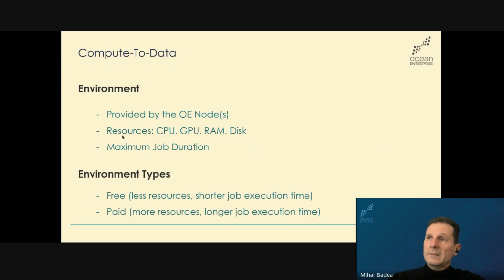Each environment presents the resources that can be used on that Ocean Node, and it has a maximum job duration. So it means that a job cannot run on that machine for longer than the value specified in this maximum job duration parameter.